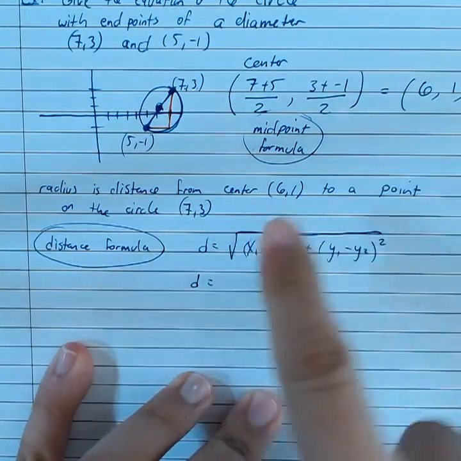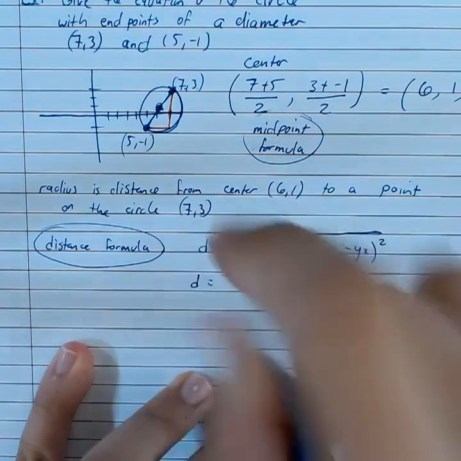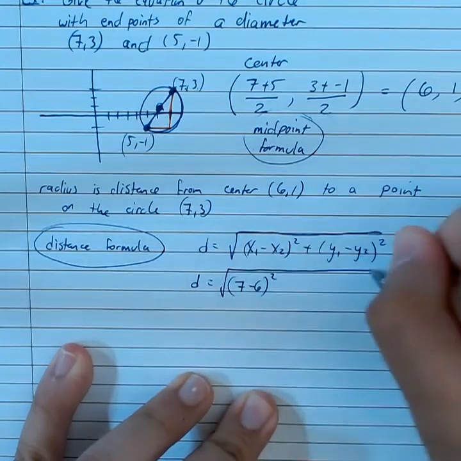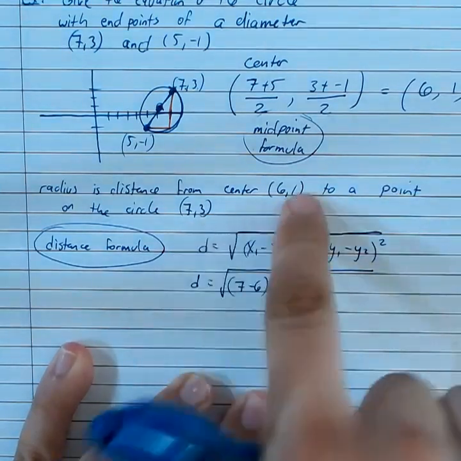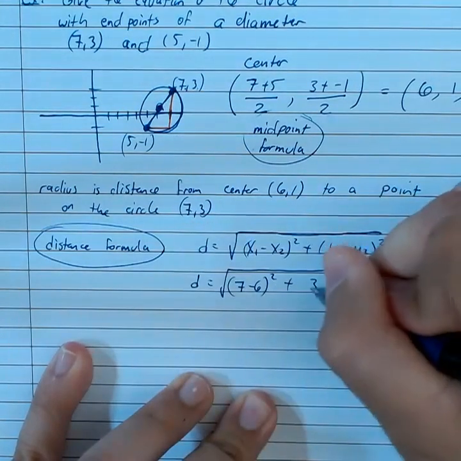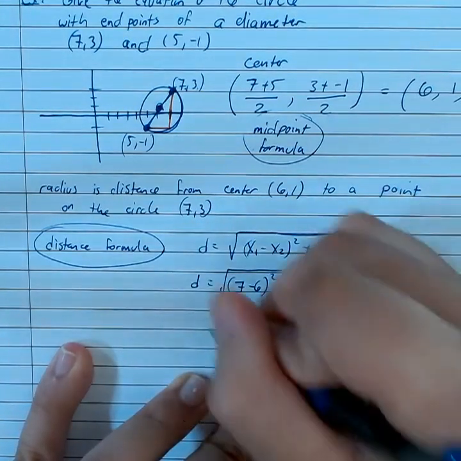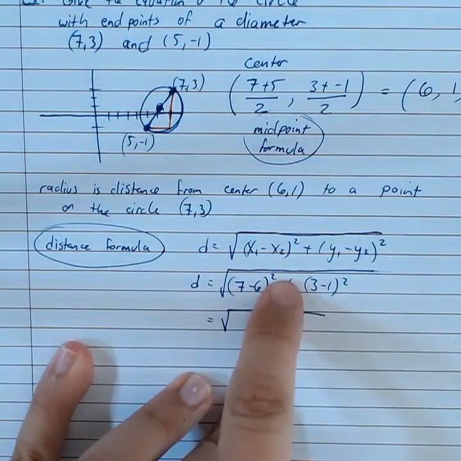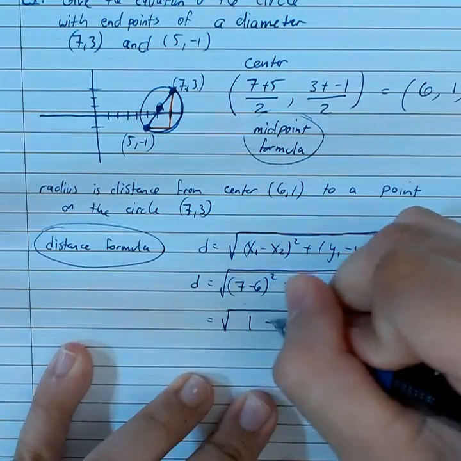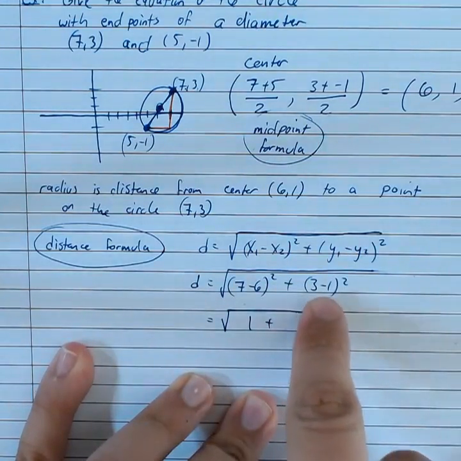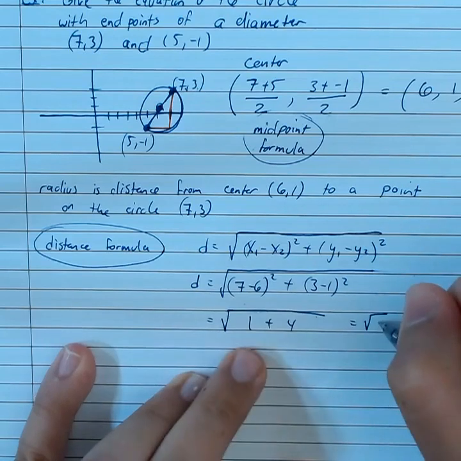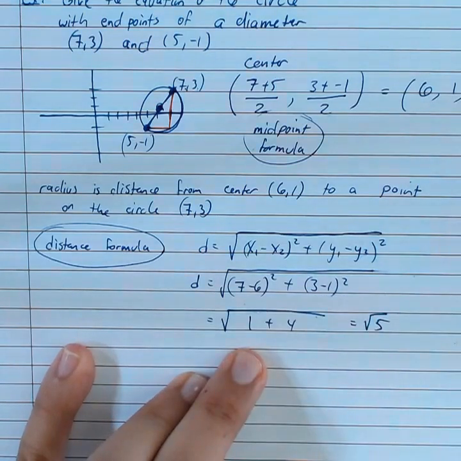Here, d is going to equal, take the difference in the x values, 7 minus 6, and square the whole thing, plus take the difference in the y values, 3 minus 1, and again, square the whole thing. 7 minus 6 is 1, square that is still 1, 3 minus 1 is 2, square 2 gives you 4, so that's going to be the square root of 1 plus 4. That's the square root of 5.